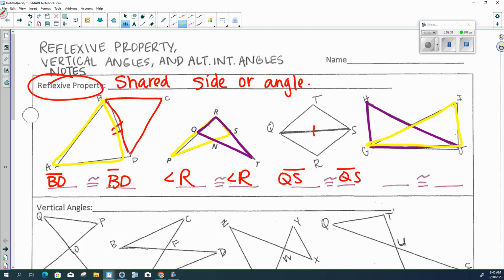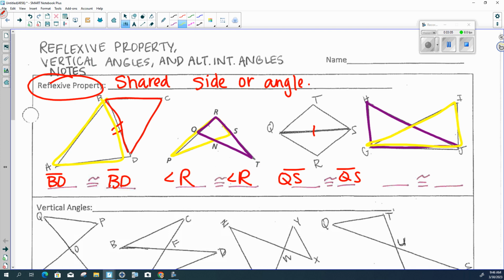And tell me which side is shared. Shaylee, do you see a shared side that those two triangles have? Yes. It's this bottom one.